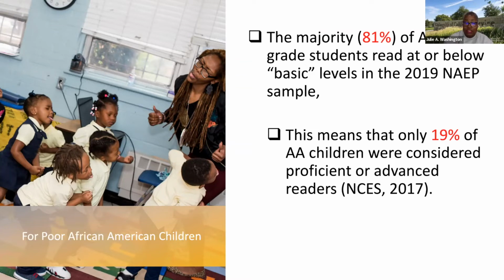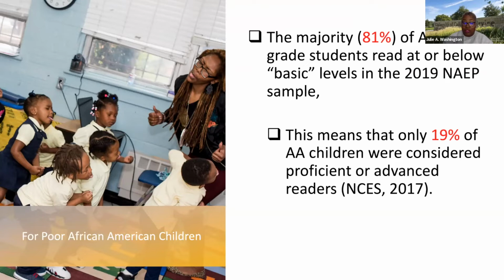And so this is an alarming statistic, and it's particularly true for kids growing up in poverty. Although I like to say at this point, this is not just a poverty issue, because African-American children who are middle income are not reading at levels that we would expect for the resources that they have.